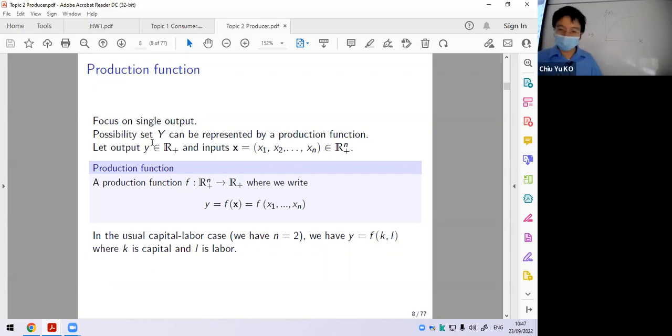In the classical case, you would probably see two inputs, where one is capital and one is labor.